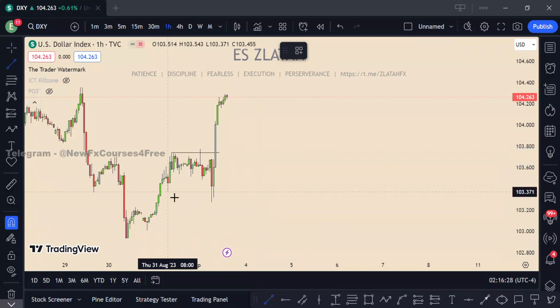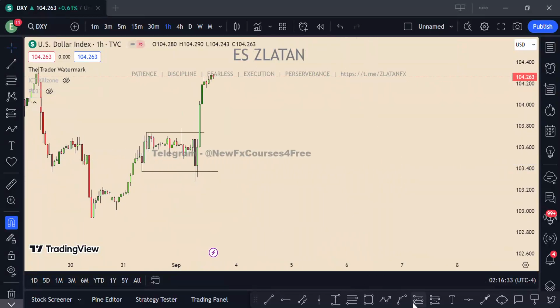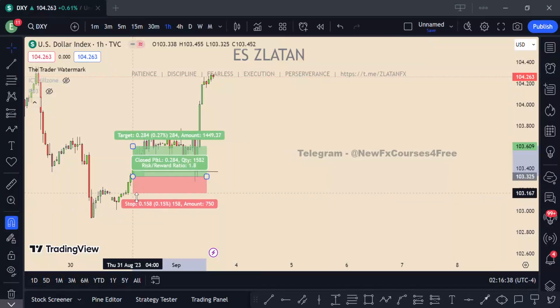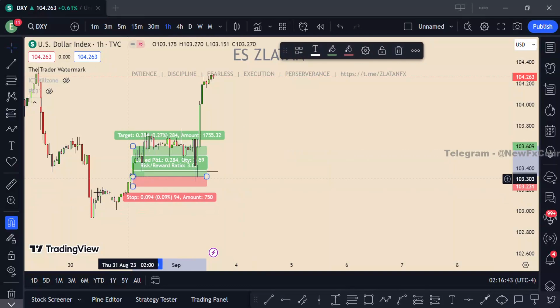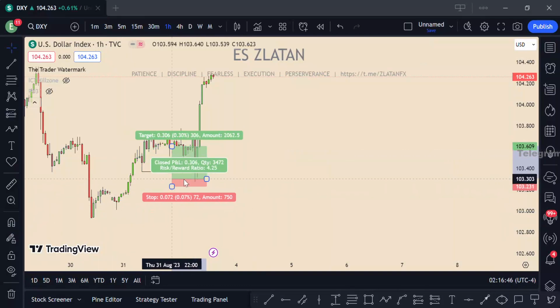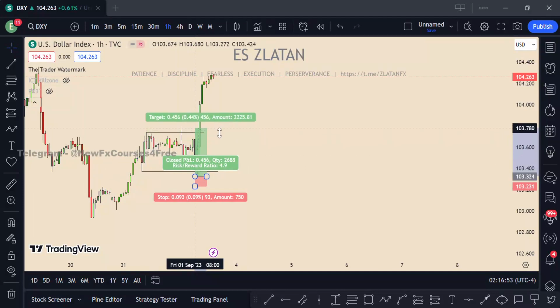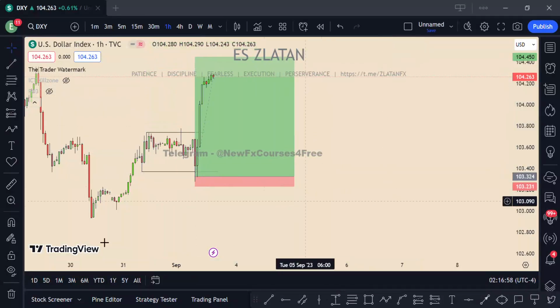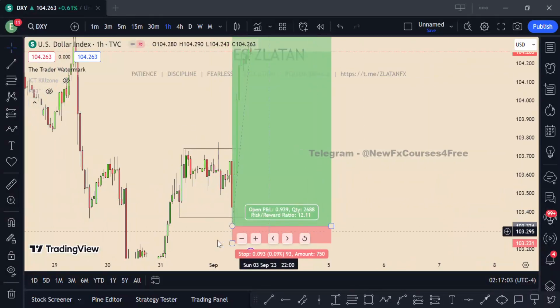So here you could enter, put this right here with your stop loss below the low of this fair value gap, right? So this could have been your entry, and you target first the range high, and then the higher time frame draw on liquidity, right? So you could see you could actually make a nice RR with this.